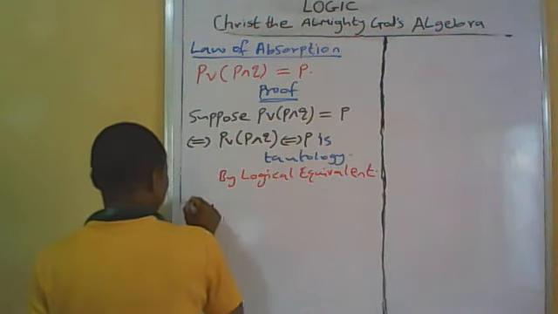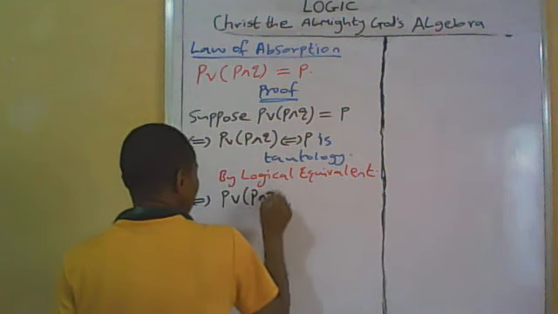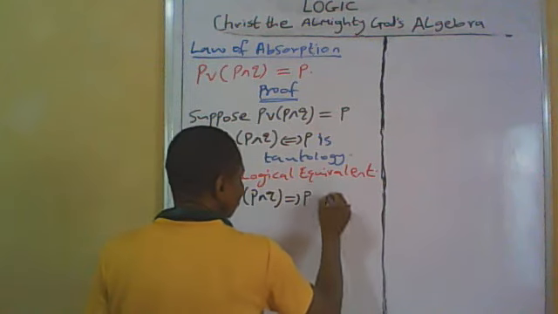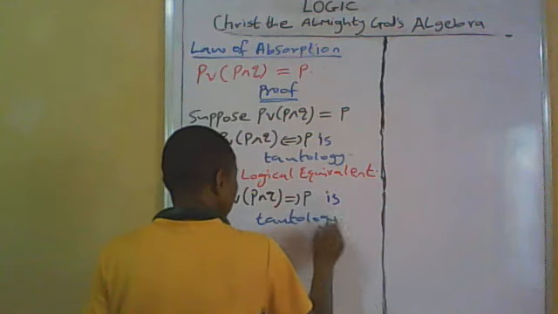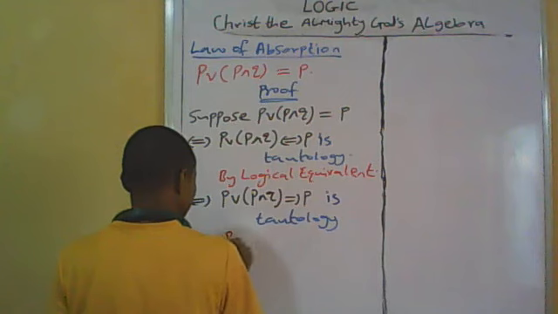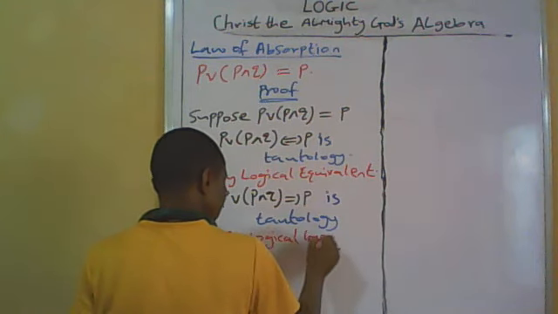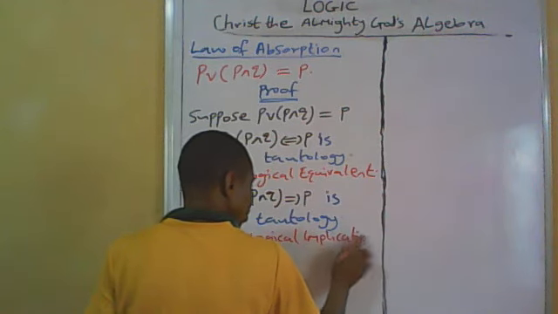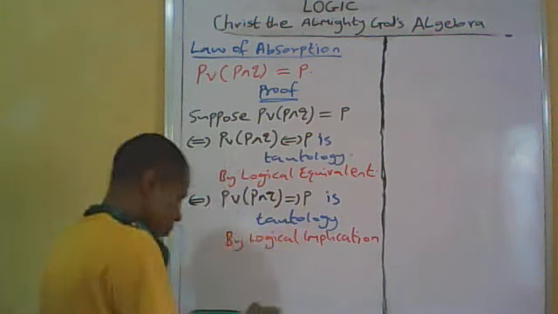If and only if P or (P and Q) implies P is a tautology, being justified by logical implication.